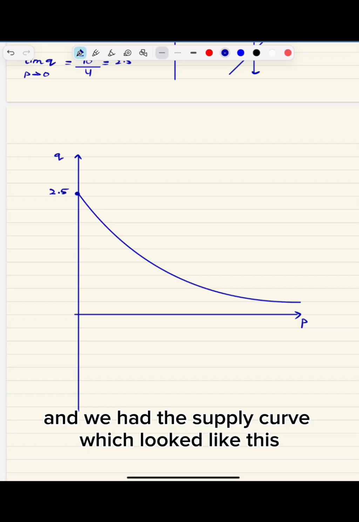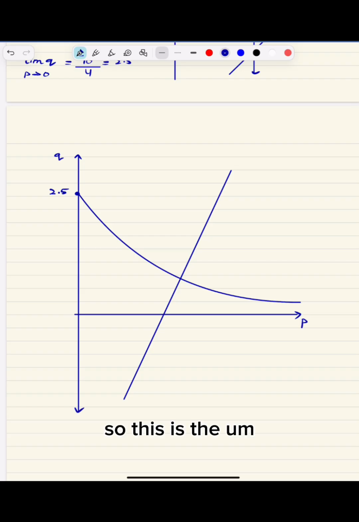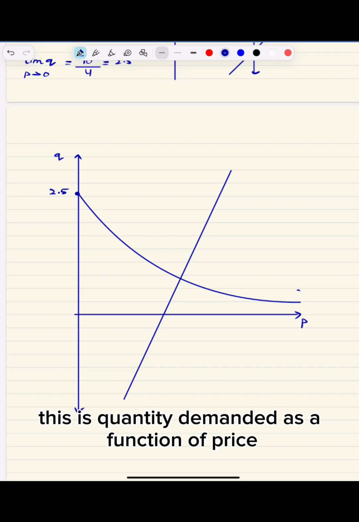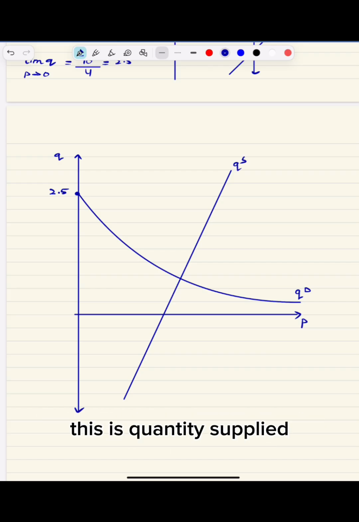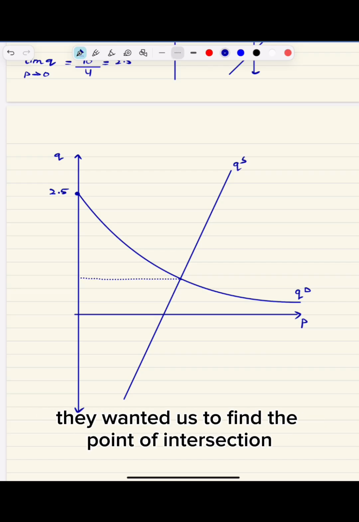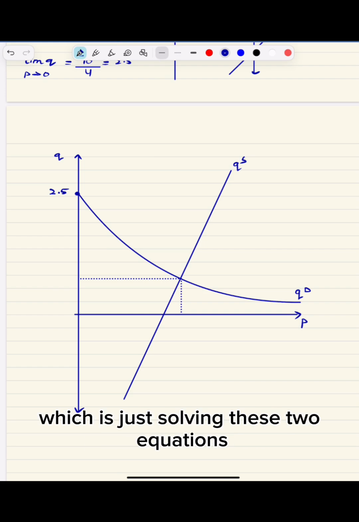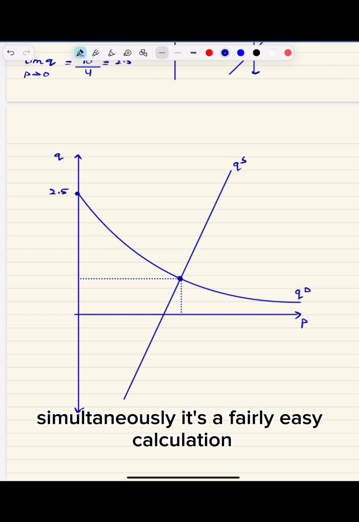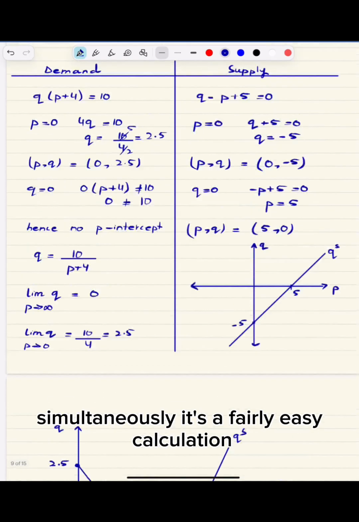And we had the supply curve, which looked like this. So this is quantity demanded as a function of price. This is quantity supplied. And next they wanted us to find the point of intersection, which is just solving these two equations simultaneously. It's a fairly easy calculation.